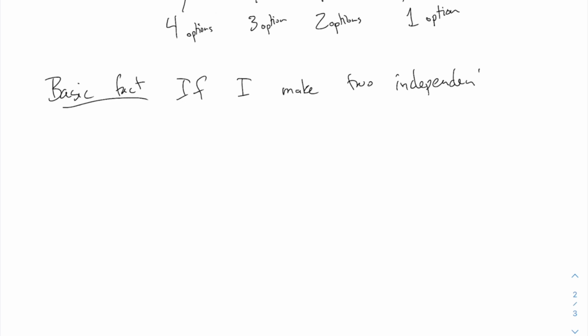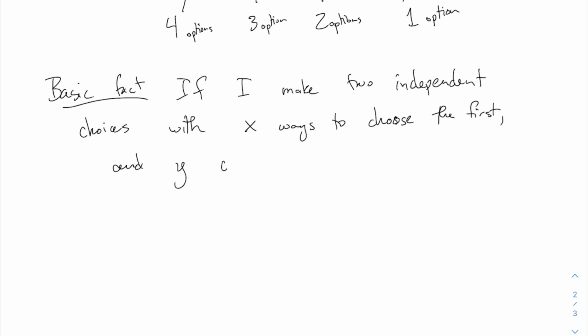If I make 2 independent choices, with, let's say, X different ways to choose the first one, and let's say Y different ways to choose the second one, then how many total different ways are there to choose?